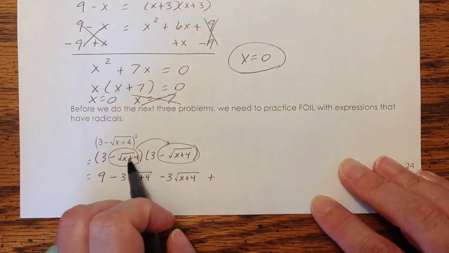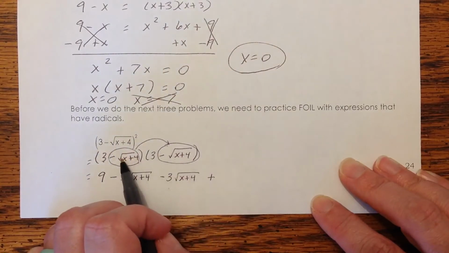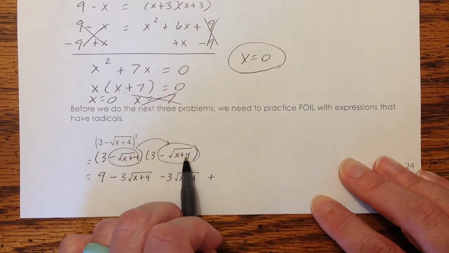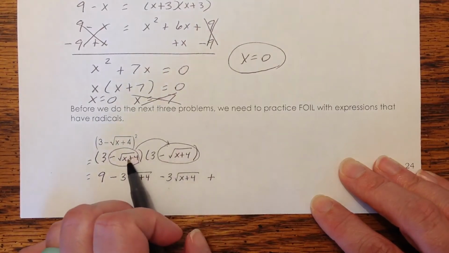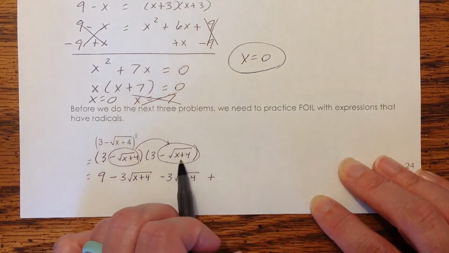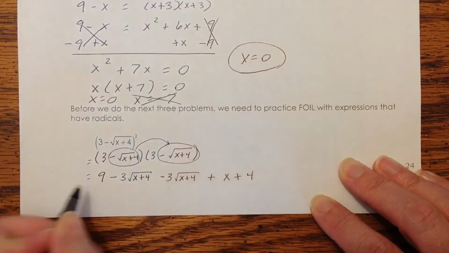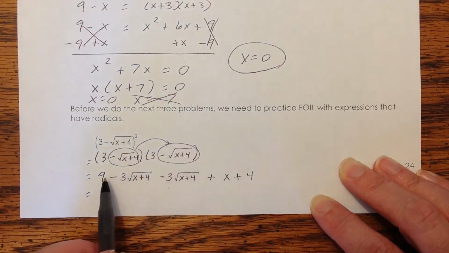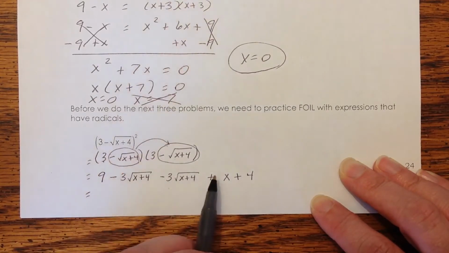And remember what we learned back in 7.5. When you take a square root of an expression and you multiply it with itself, the square roots cancel and you're left with the radicand. So the square root of x plus 4 times the square root of x plus 4 becomes x plus 4. Now after you FOIL, to finish out this practice work that we're going to need in a little while, we would combine like terms.